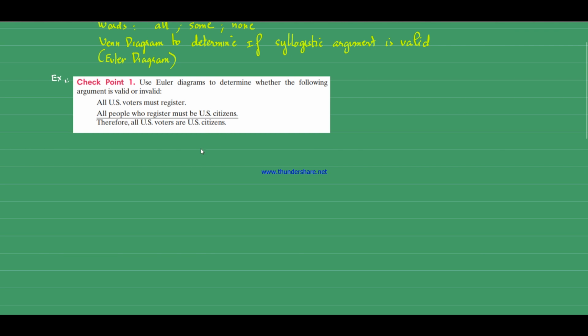So all U.S. voters. You can draw the universal set if you want to. In our textbook, they draw the universal set, but in some other textbooks, they don't. So the universal set represented by the rectangle is not really important.